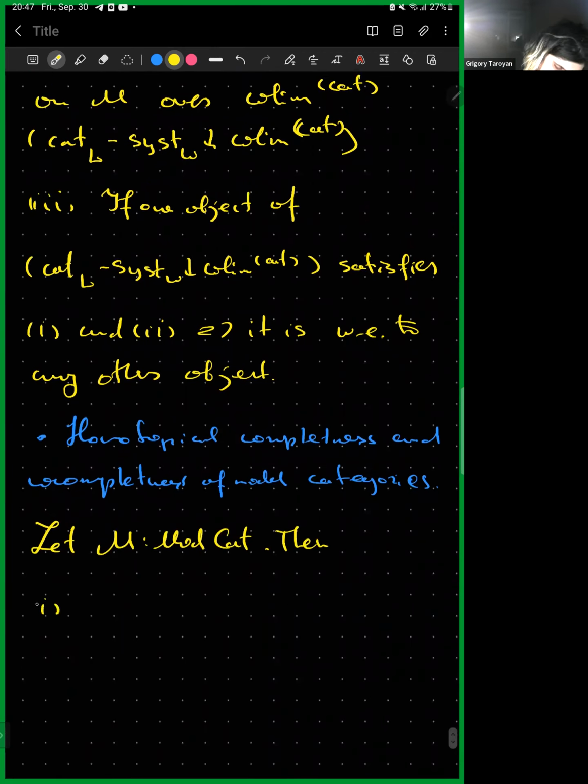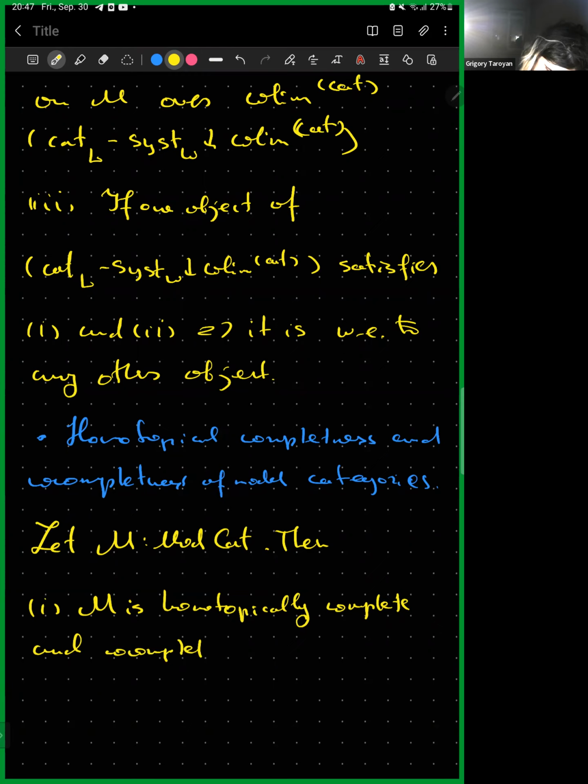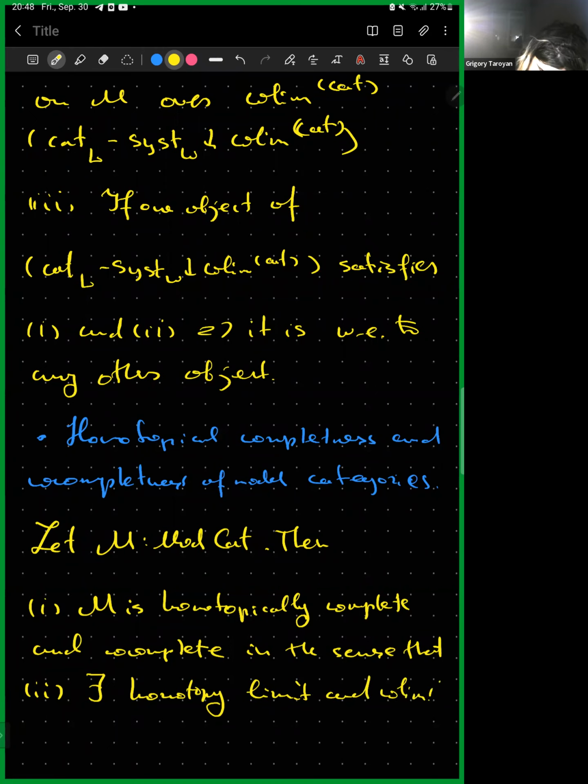Then M is homotopically complete and cocomplete, in the sense that there exists a homotopy limit and colimit systems on M.